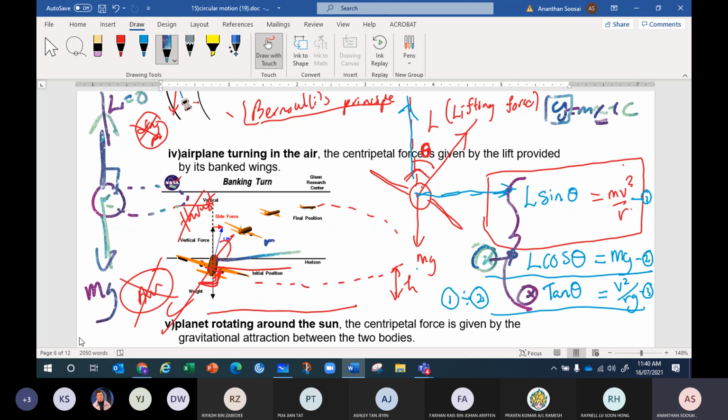Therefore, not possible. So what's the answer you must say? Based on the second equation, L cos theta equals mg, the vertical component of the lifting force becomes 0 when theta becomes 90. Therefore, unable to balance the weight. So not possible.